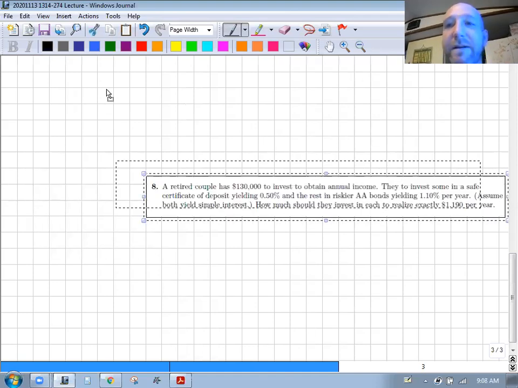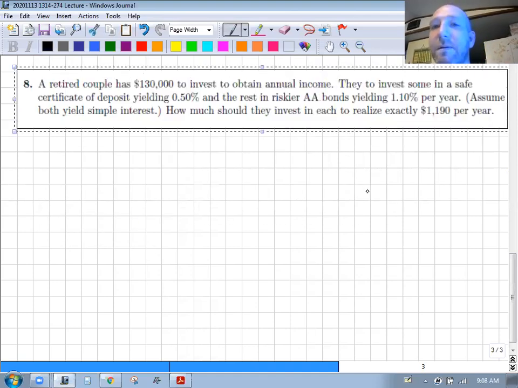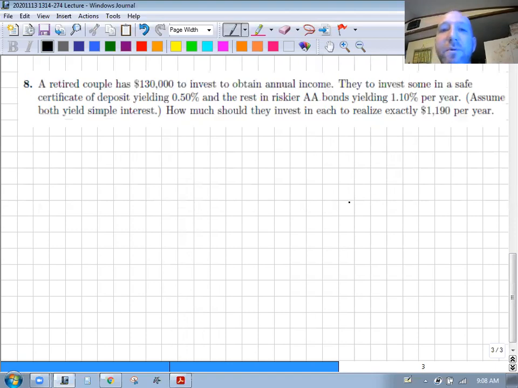All right. Let's look at number 8. So a retired couple has $130,000 to invest to obtain annual income.